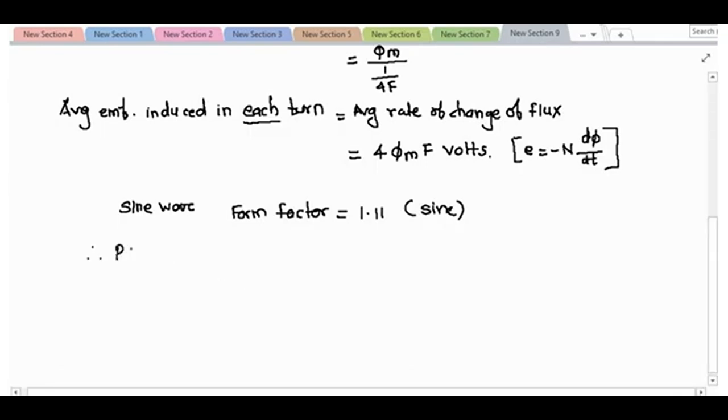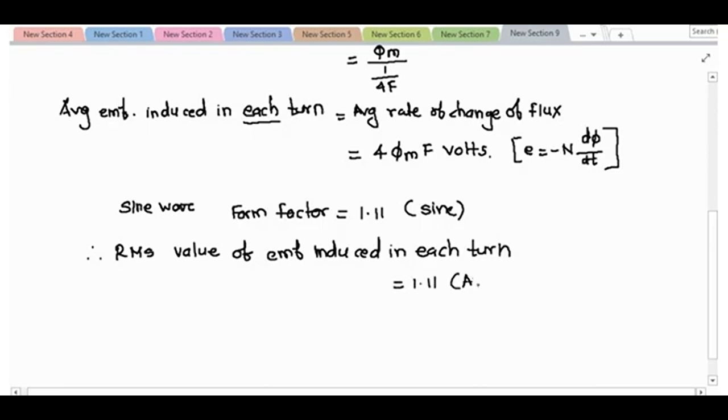Therefore, the RMS value of EMF induced in each turn is equal to 1.11 into its average value. So what is the average value we have seen?